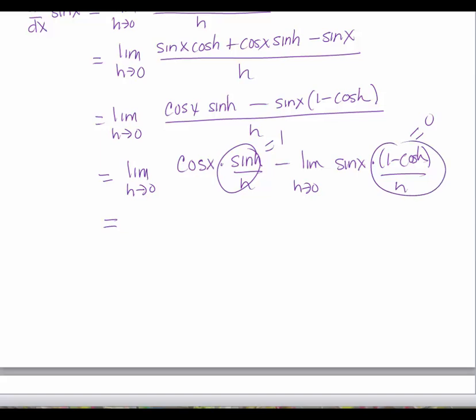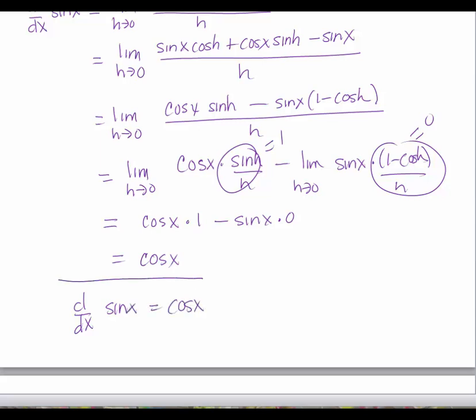So the first term, the limit as h approaches 0, I'm going to get cosine x times 1 minus sine x times 0. So the answer is cosine x. So we have the derivative of sine x is equal to the cosine x. And so this is one derivative that you need to learn, and you should memorize that.